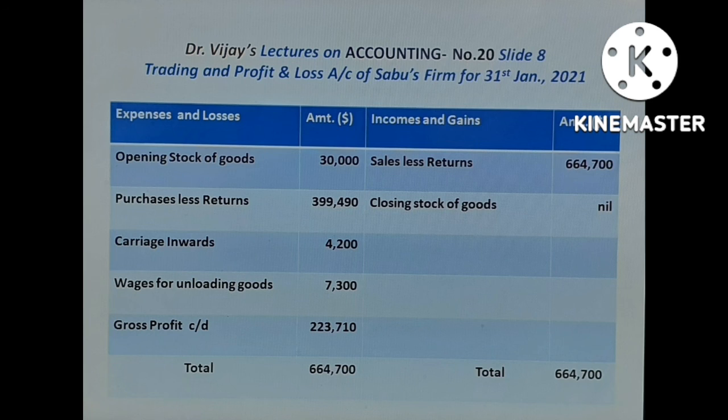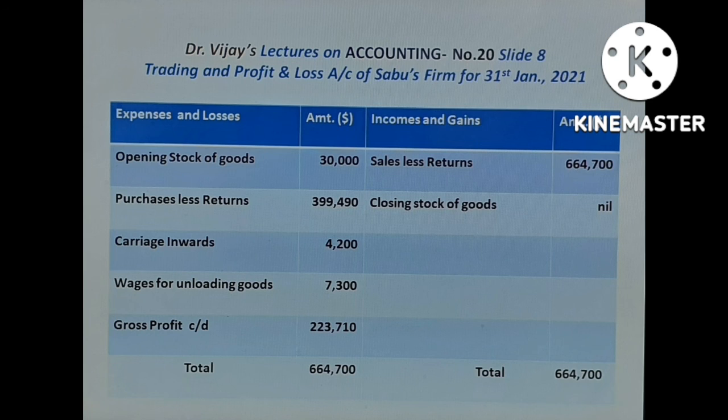Slide 8 gives the trading account of Sabu's firm for the year ending 31st January 2021. Heading is common for trading account and profit and loss account. Trading and profit and loss account of Sabu's firm for the year ending 31st January 2021. In the debit side of the trading account, first item is opening stock of goods 30,000. Then comes purchases minus purchase returns.